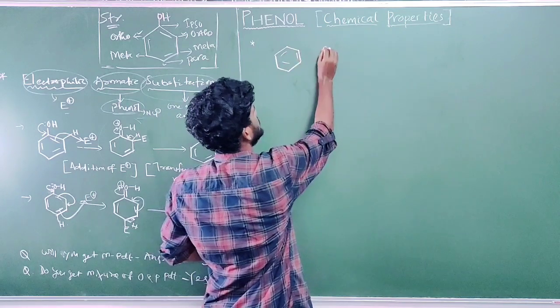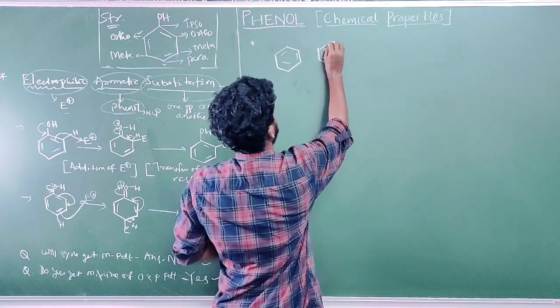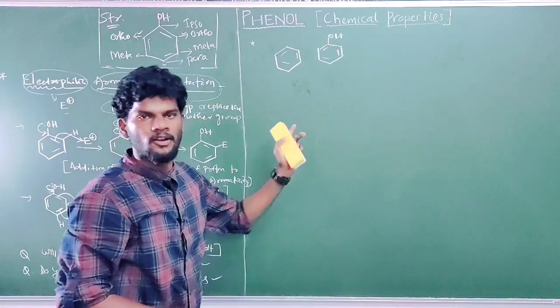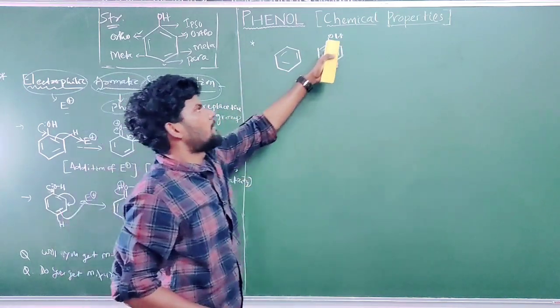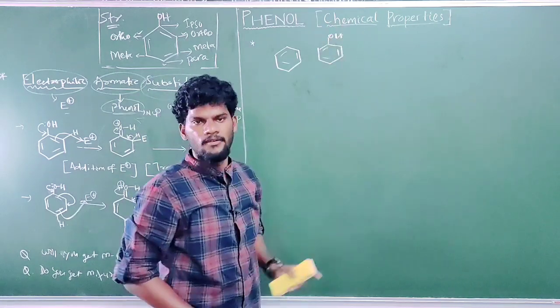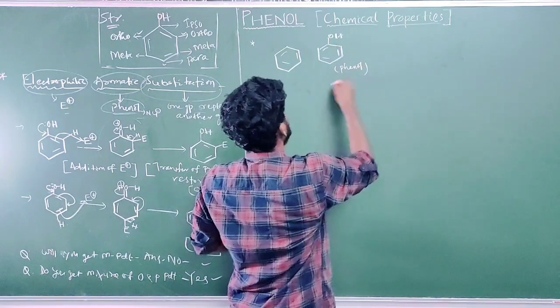This is the structure of benzene, and this is the structure of phenol. What is the basic difference between benzene and phenol? Both are aromatic, but the difference is the presence of one extra OH group in the phenol ring. This is phenol and this is benzene.